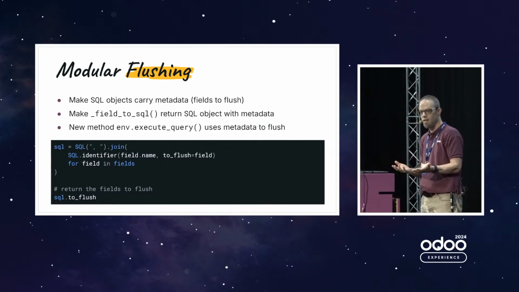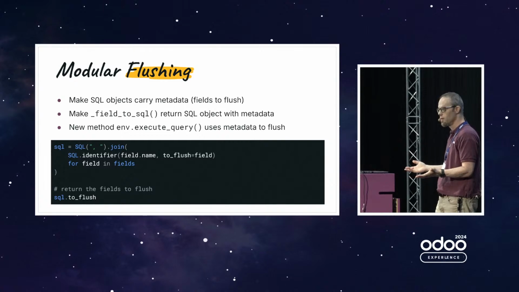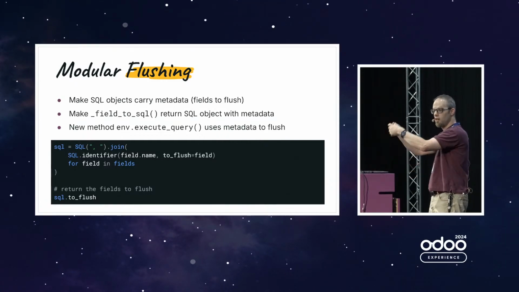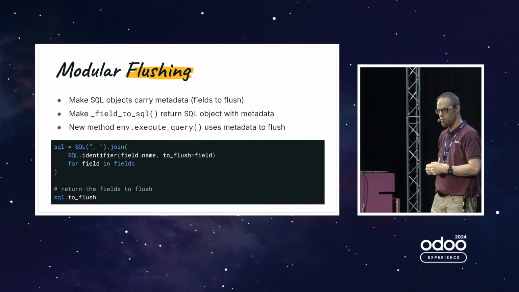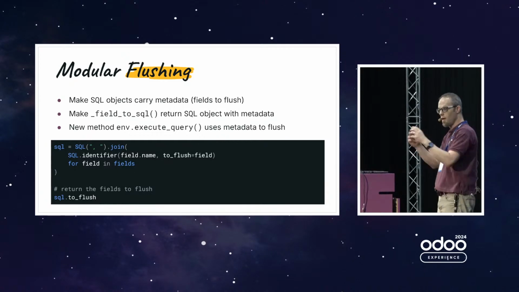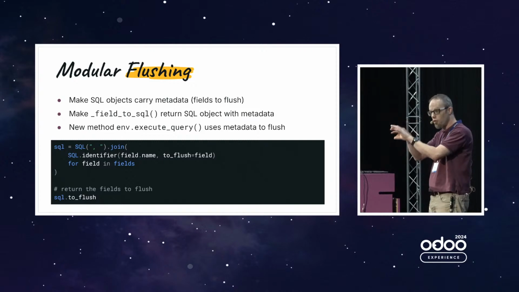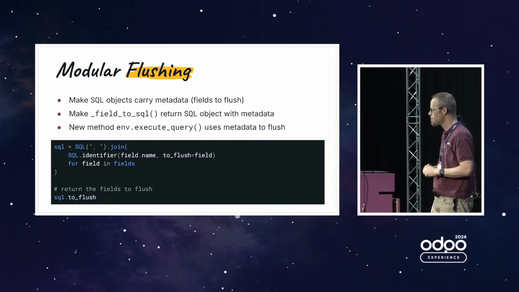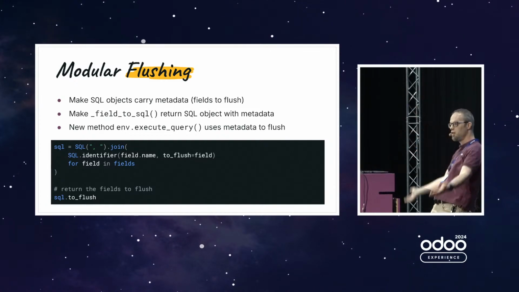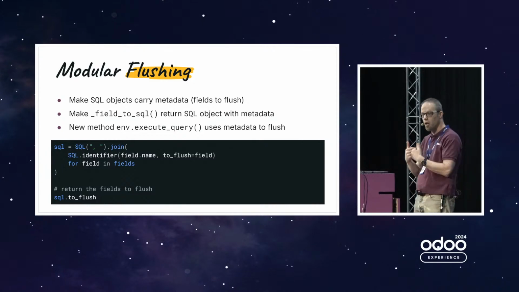And that metadata is simply the fields that must be flushed. And so for every field that eventually ends up in the SQL query, in the where clause, in the order by clause, they will come up with that metadata to say which fields must be flushed for this part to be correct. And so at the top level, when we get the final SQL query, which is one big SQL object, we simply collect that information.